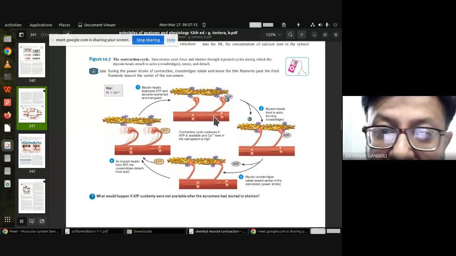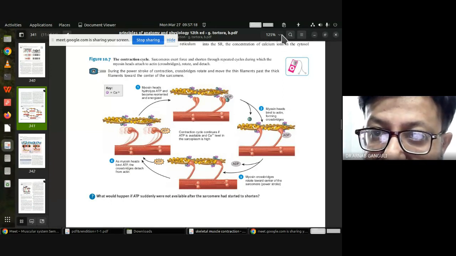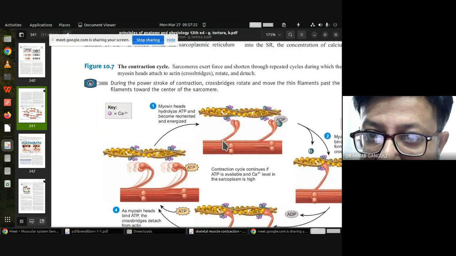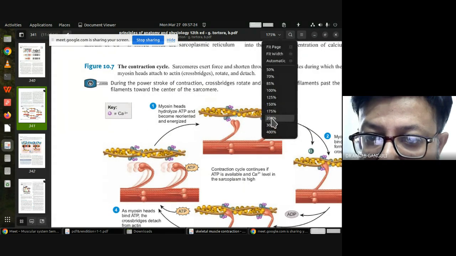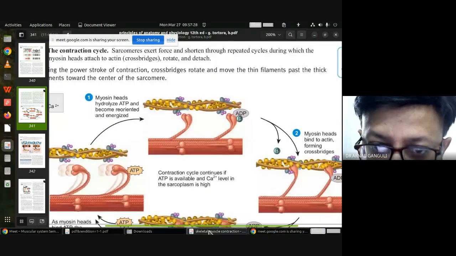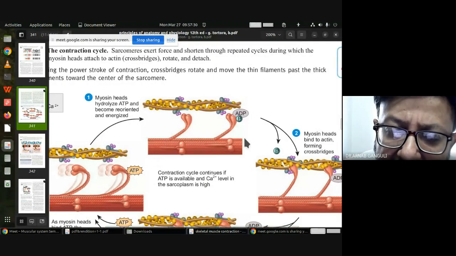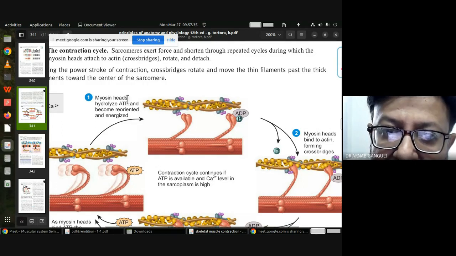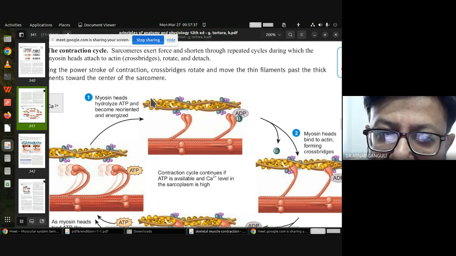So let us look at this contraction cycle. This is a thick filament. Myosin heads are coming up, and this is the thin filaments.